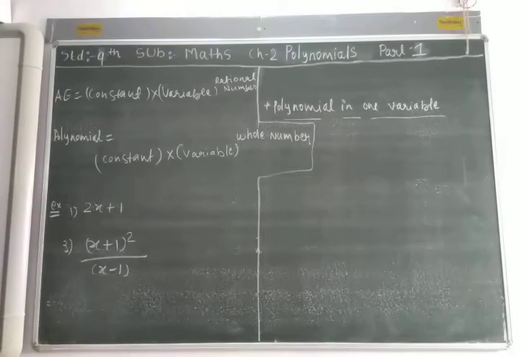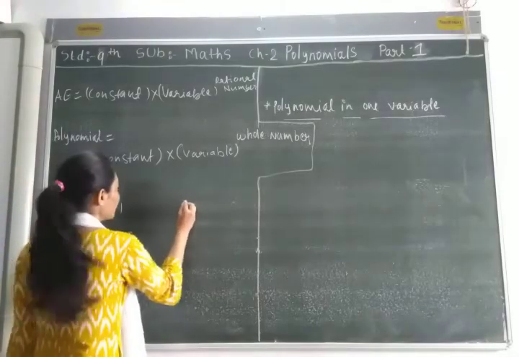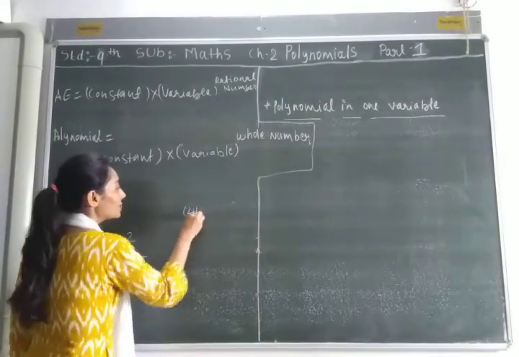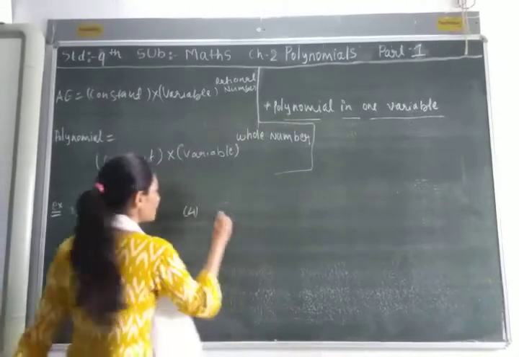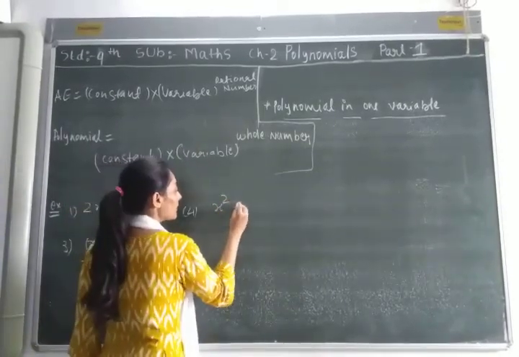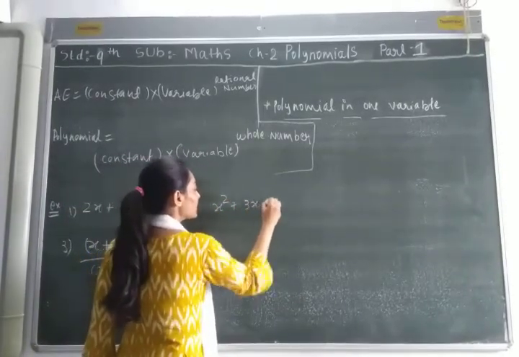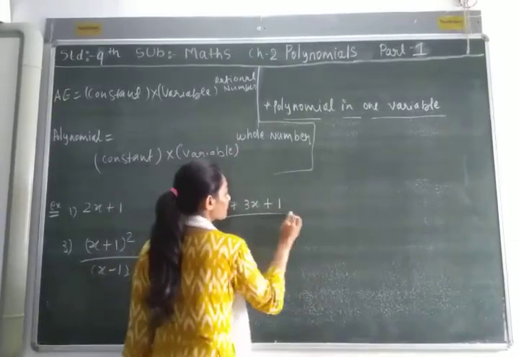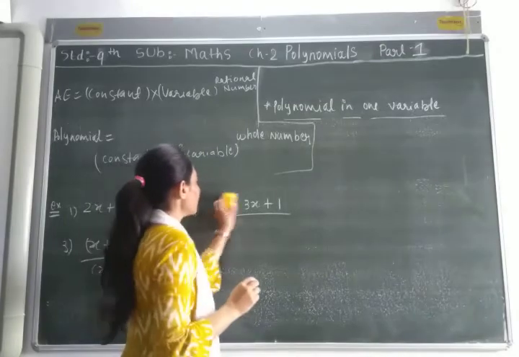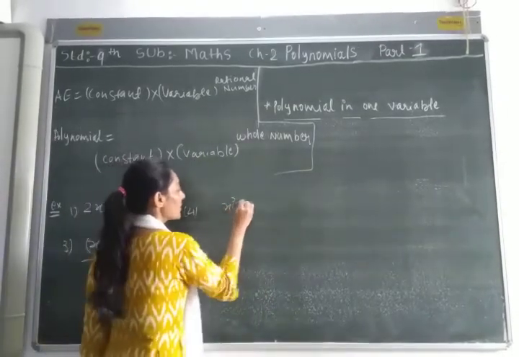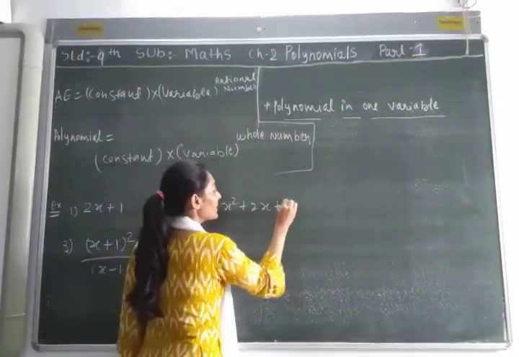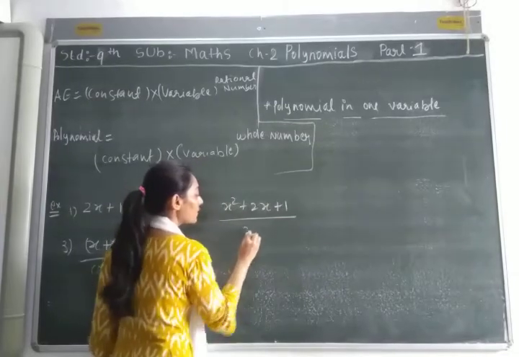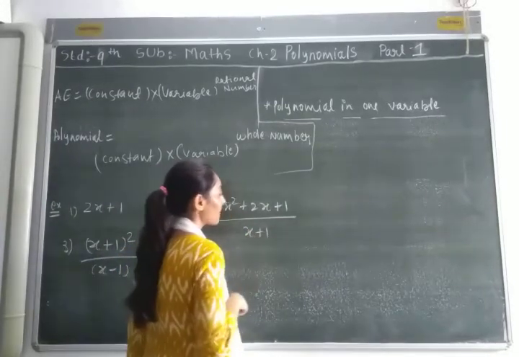Look at over here. Now, the fourth one, for example, I'm taking (x square plus 2x plus 1) divided by (x plus 1).